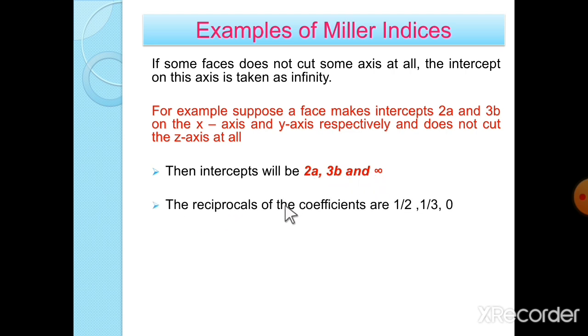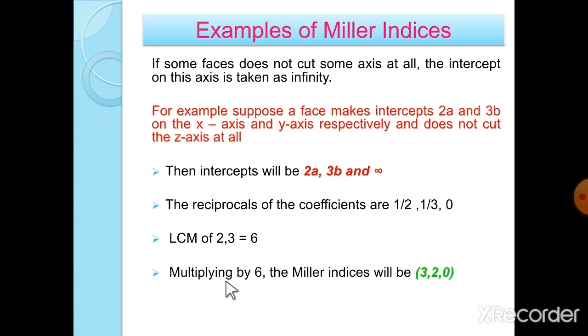The reciprocals of the coefficients are 1 by 2, 1 by 3 and 0. Here 1 by infinity is taken as 0. LCM of 2 and 3 is 6. Now multiplying the reciprocals of these coefficients by 6, the Miller indices will be 3, 2, 0.